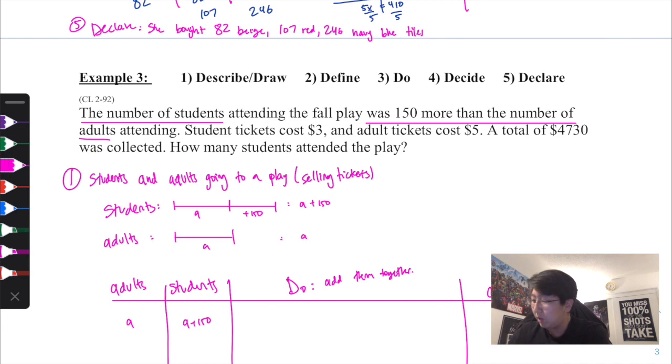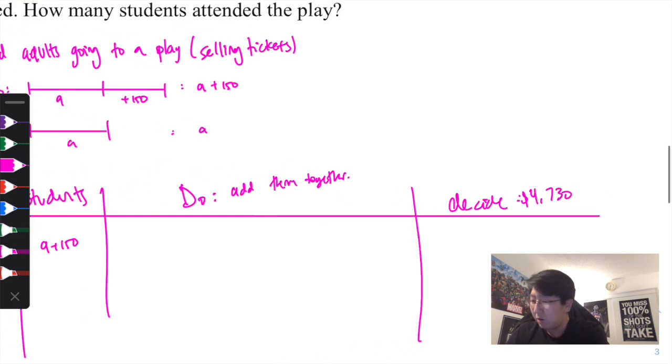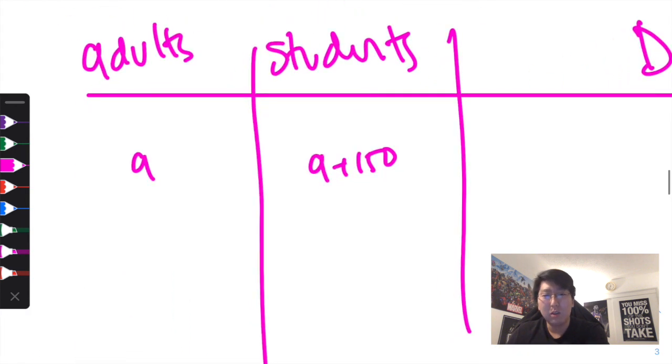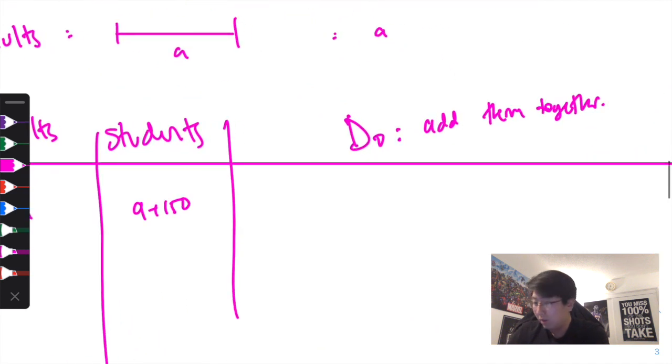So we want this to equal $4,730. Each adult ticket is $5.